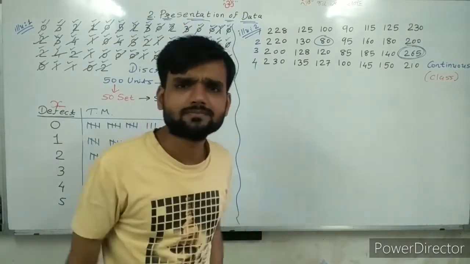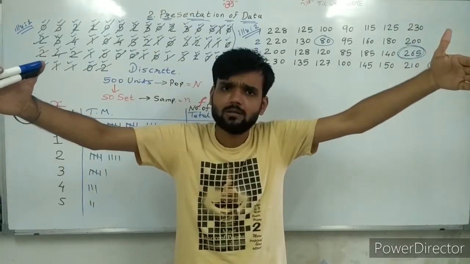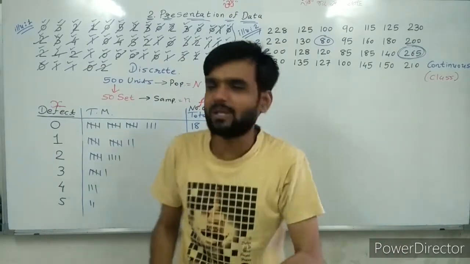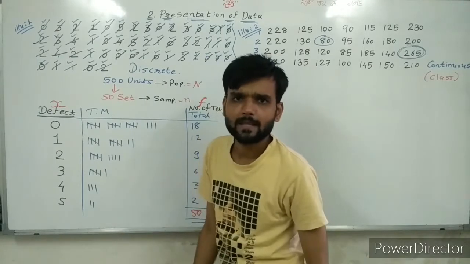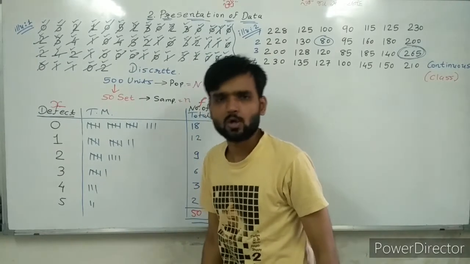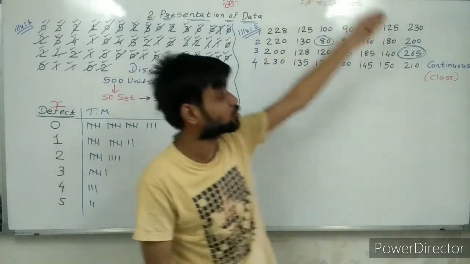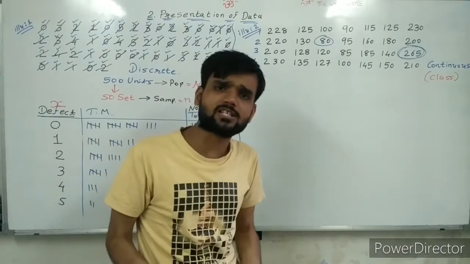How is it possible? Its range is very high, and whenever range is high, then we cannot make discrete frequency distribution. Here range is very small, 0 to 5, then okay. But here 80 to 265. So we cannot make discrete frequency distribution.